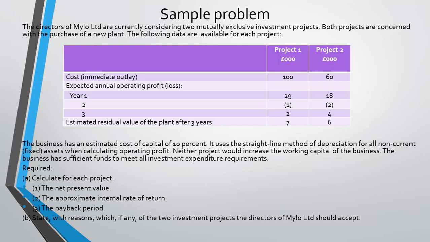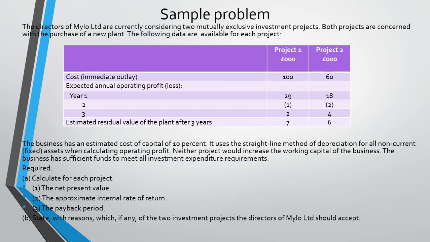And then the expected annual operating profit or loss, we have in year 1, 29,000 for project 1, while in year 2 it will be a loss of 1,000 pounds, and then in year 3, 2,000 pounds as profit.